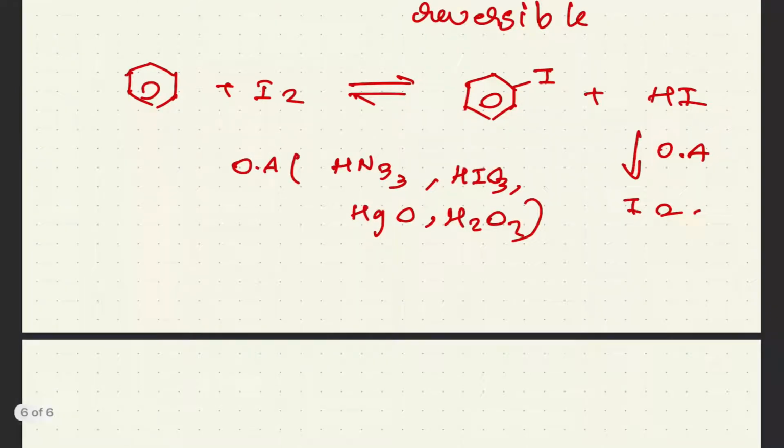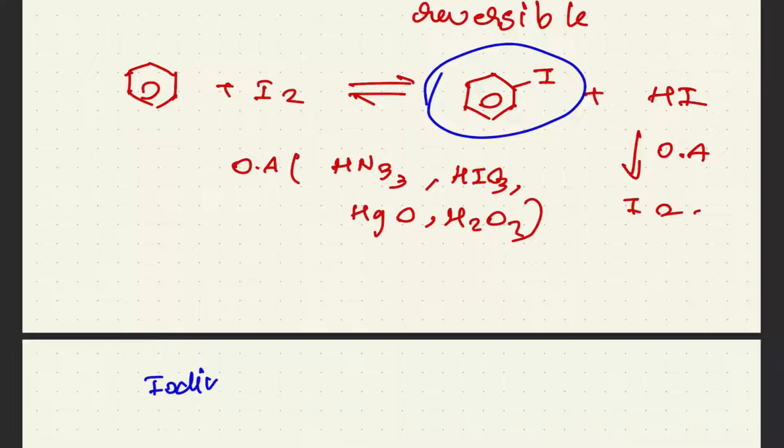It is just to increase the yield of iodobenzene, as it drives the forward reaction. Also, you are supposed to note that iodination shows isotopic effects. No other halogenation shows isotopic effect.